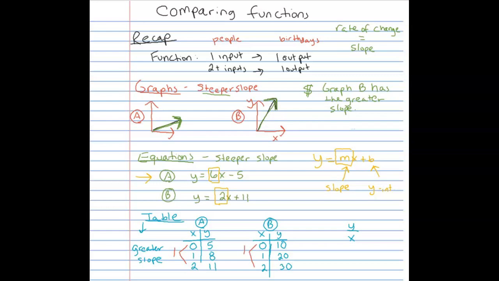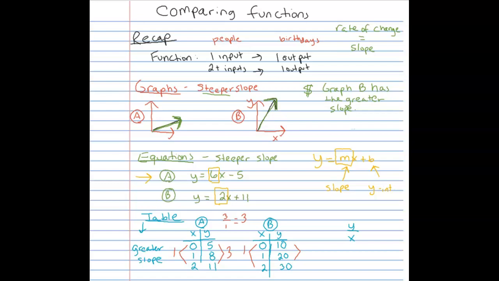The y's, however, are going to be different. So let's see here. Our jump here. How do I go from 5 to 8? How would I go from 8 to 11? I'm going up 3. So here I've got 3 over 1, which is just 3. For B, how do I go from 10 to 20?